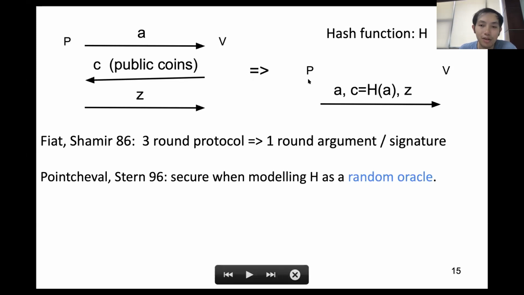So this is, by the way, still a very efficient way of constructing signatures, and there is no real counterexample. But in theory, there is a counterexample that I will describe in a second.